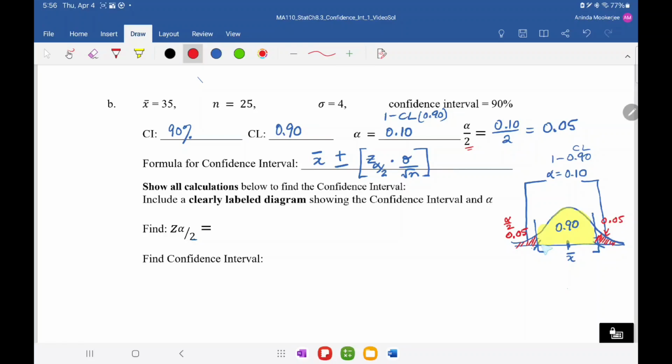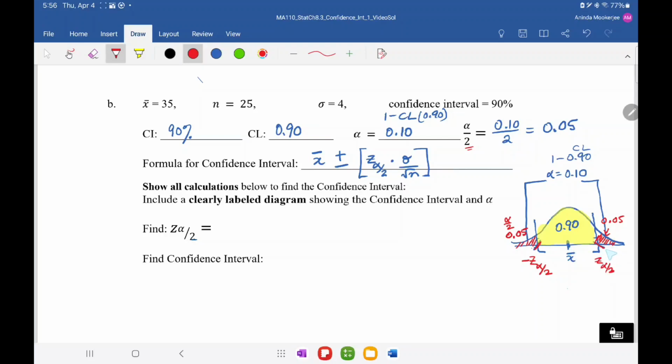And now we have to find z of alpha by 2. All right, z of alpha by 2 on the right hand side, and also the z value on the left hand side, which will be negative z of alpha by 2. On the left hand side, z will always be negative. On the right hand side of the center point, z values will all be positive.